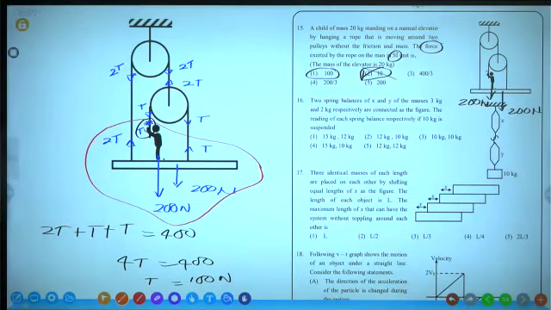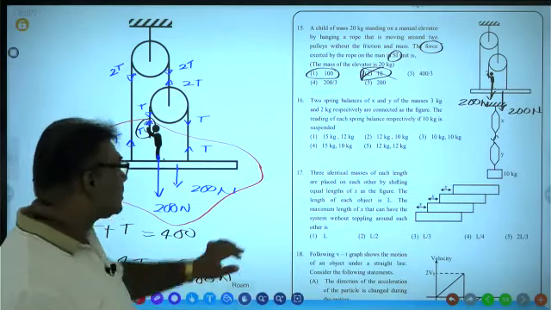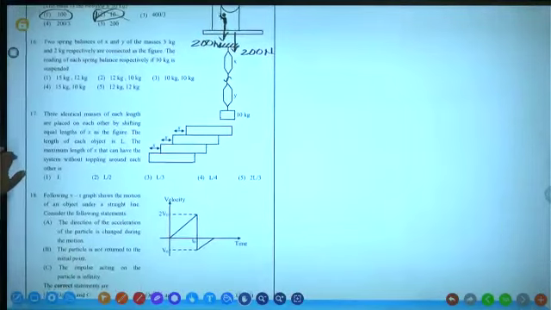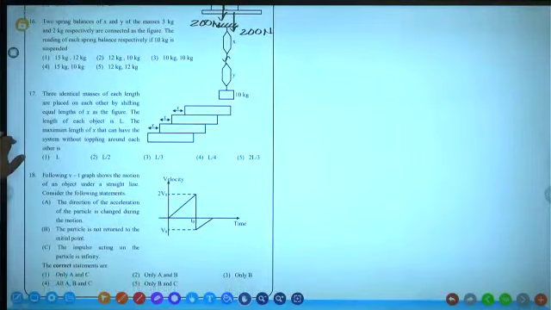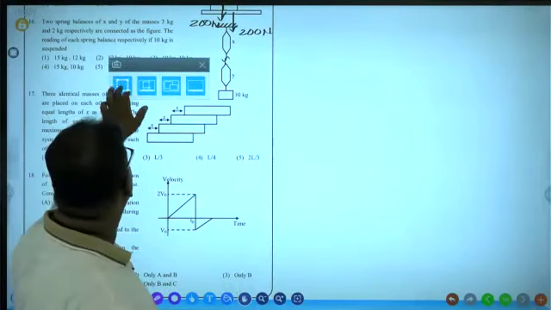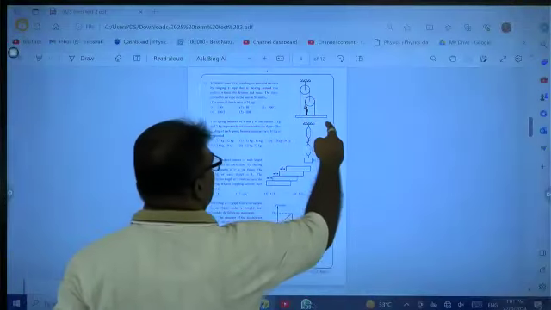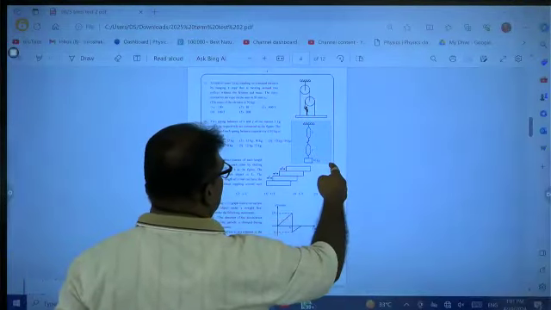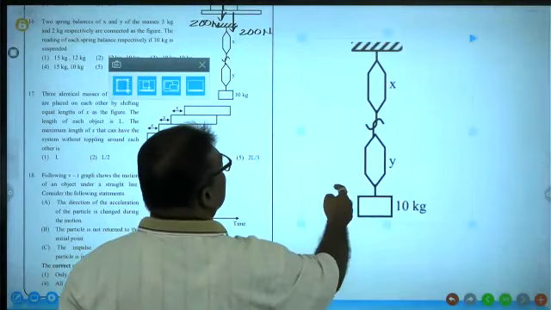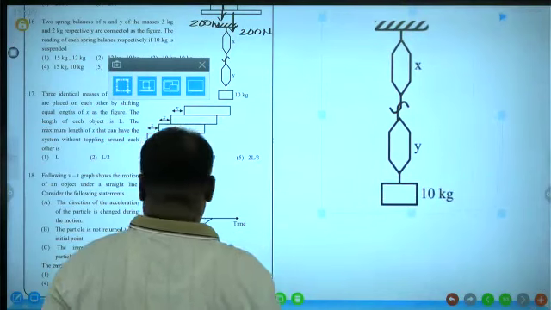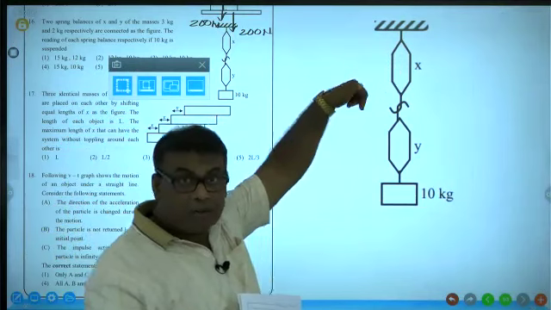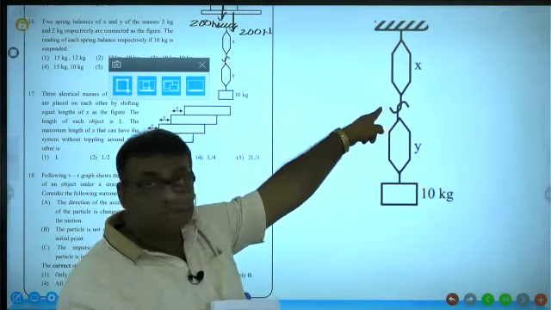Can we check number 16? The 16th question. Two spring balances, X and Y. The upper one has the hook at the lower position here.